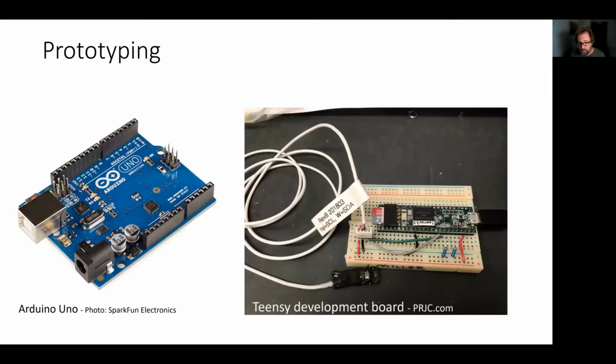But really the goal is to take something like one of these Arduino Unos here on the left, or the slightly more powerful Teensy boards on the right, stick those in a breadboard, which is that white plastic thing on the right here, and use that to wire up connections to our sensors, like the little heart rate sensor that I've got stuck on a wire here, talking to this Teensy development board.